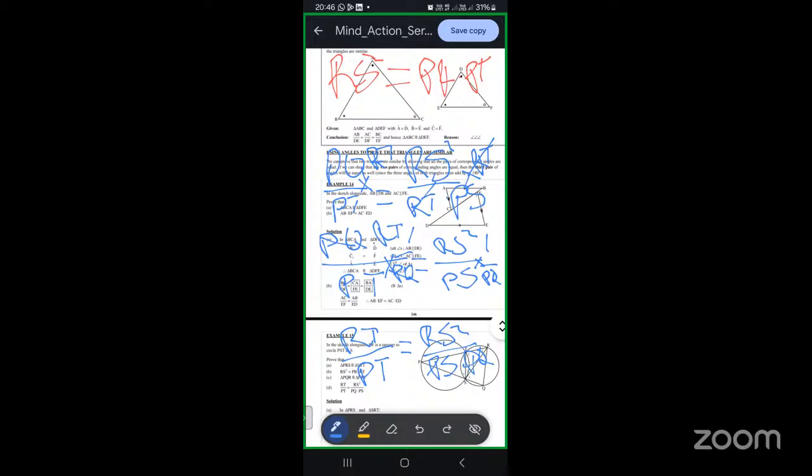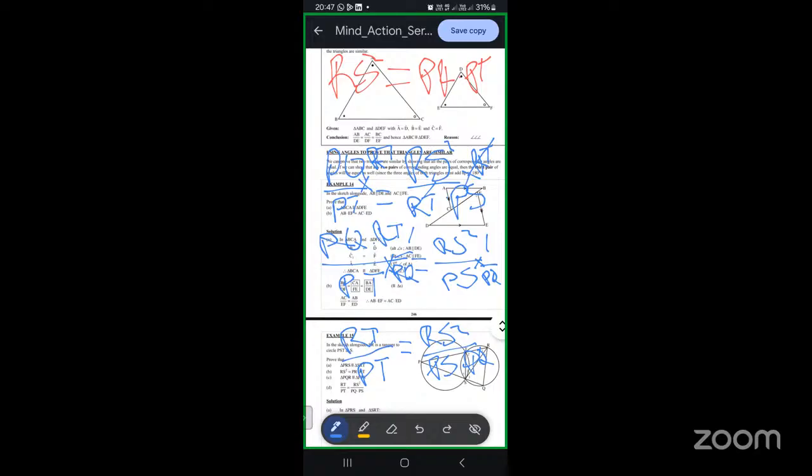Sorry, I have a question, sir. Oh, yes, ma'am. You can ask. Sir, how did we get to RS squared if we multiplied by RT on both sides? Which part are you talking about?